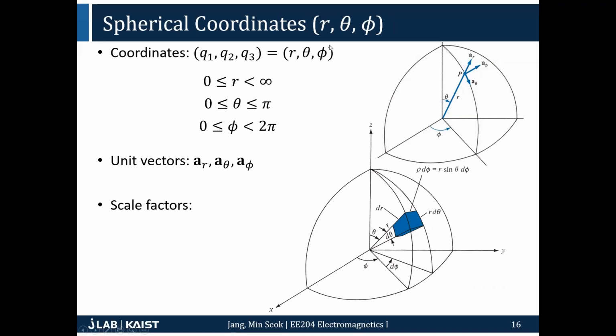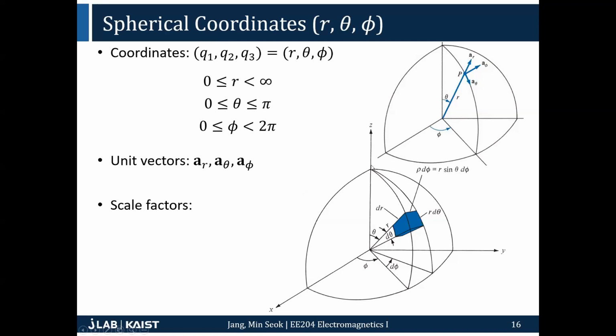So now spherical coordinates. In spherical coordinates, we have r, theta, phi. Again, let's stick to my way of using symbols. So r is the distance from the origin. Phi is the azimuthal angle, same as the cylindrical coordinate.